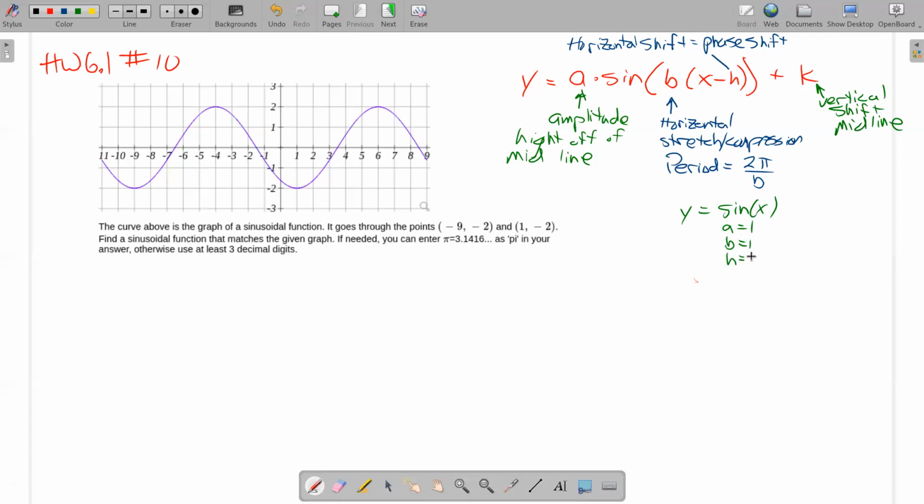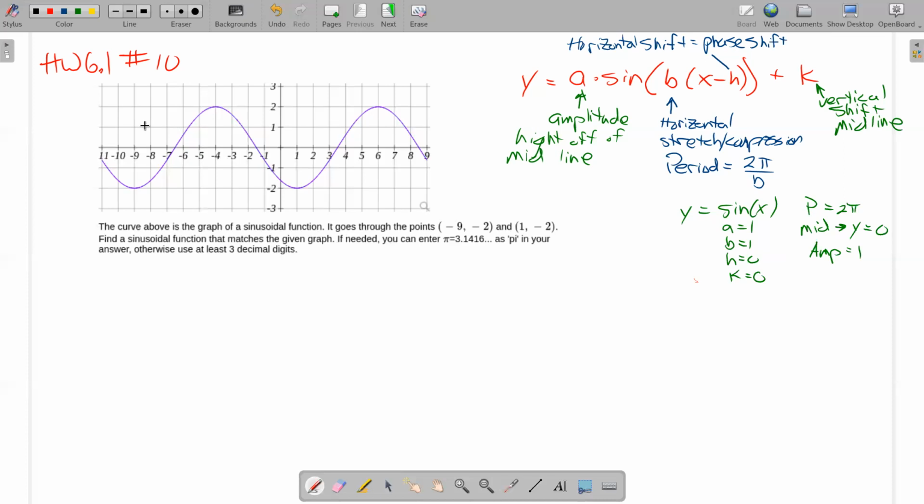H is 0. And there's no shift up or down. So K is also equal to 0. And then for the sine, we have a period of 2 pi. We have a midline of y equals 0. And we have an amplitude of 1, distance off the midline. So just what we're comparing to come up with this new equation here.